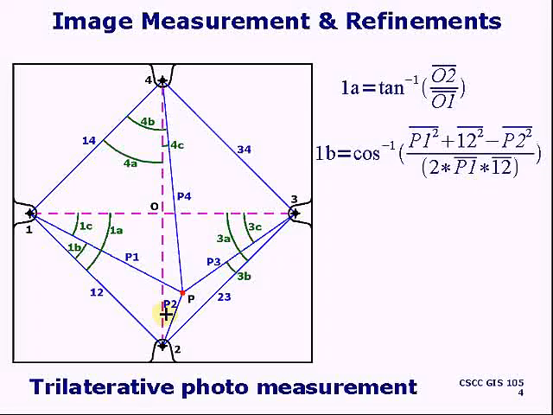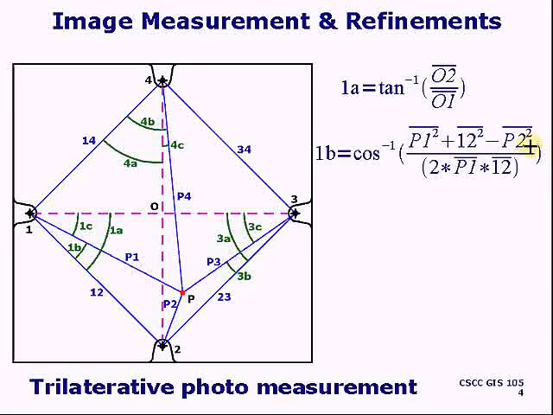Then, using all those numbers, there is the law of cosines, and all you have to do is plug in the distance P to 1 that we measured, squared, plus the distance 1 to 2 that we computed using the distance formula, squared, minus the distance of line segment P to 2 that we measured, squared.